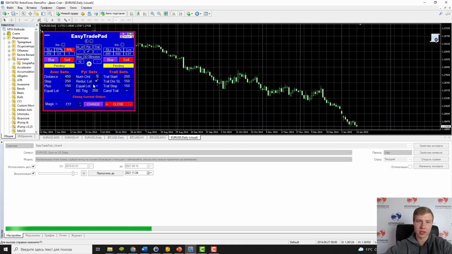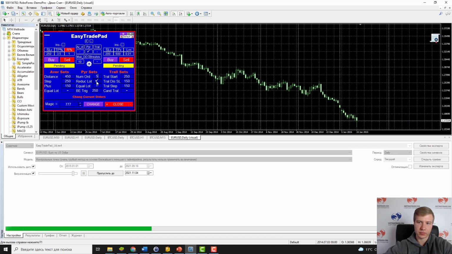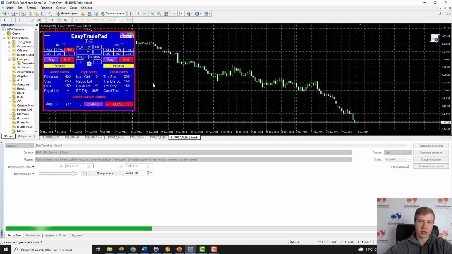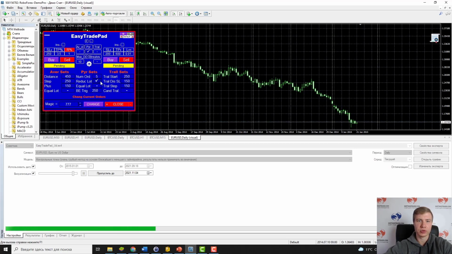There is also a lot reduction setting. This is a reduction in the lot, so that each time we reduce the size of our lot from the originally opened one, and there is also equal lot. That is, all subsequent transactions will be equal to the originally opened one. I recommend choosing the reduction lot here. The reduction of the lot will minimize our potential risks.